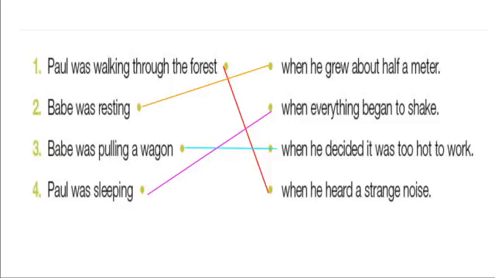Excellent. Number 4. Paul was sleeping. Paul estaba durmiendo when everything began to shake. Todo comenzó a temblar. ¿Recuerda por qué fue esto? Very good. La razón fue because Babe. ¿Qué estaba haciendo Babe?